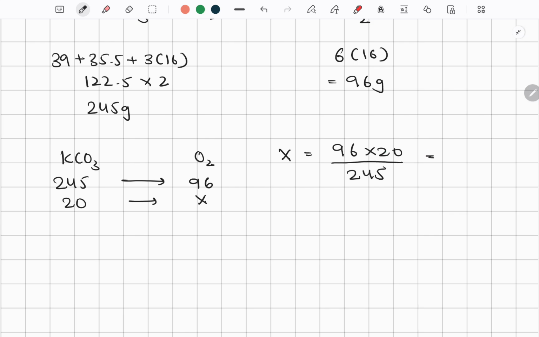Solving this fraction, you get 7.837 gram. So 20 gram of KClO3 under thermal decomposition gives 7.837 gram of oxygen.